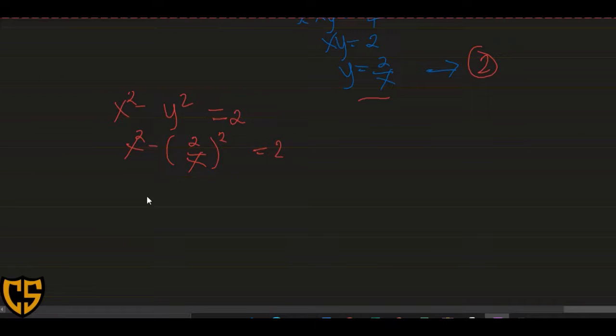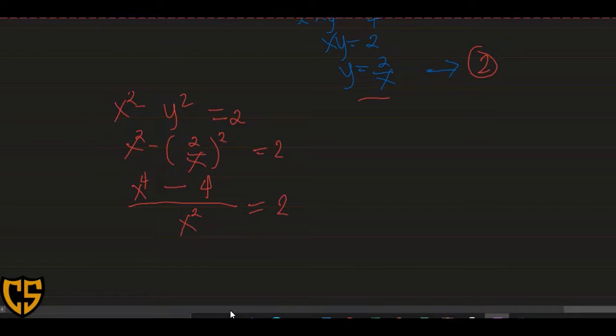Then simplifying this, we are going to find the denominator for this one, the LCD, which is x squared. So we have x squared divided by 1, that is x squared, times x squared, this will be x to the fourth, minus x squared divided by 2 squared, x squared divided by x squared, this is 1, multiplied by 2 squared, this will be equal to 4, is equal to, then we have to equate this by 2.